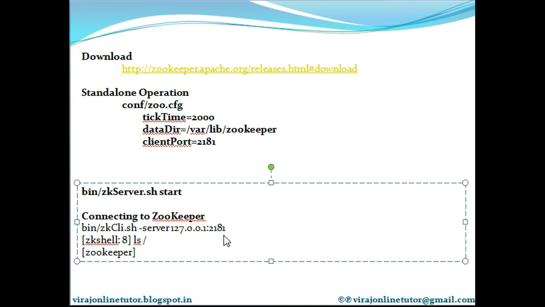Since we have just started Zookeeper on a local machine, I am giving the IP of the local machine. :2181 is the port on which we started the Zookeeper. 2181 was the client port, and 2181 is what I have specified here.